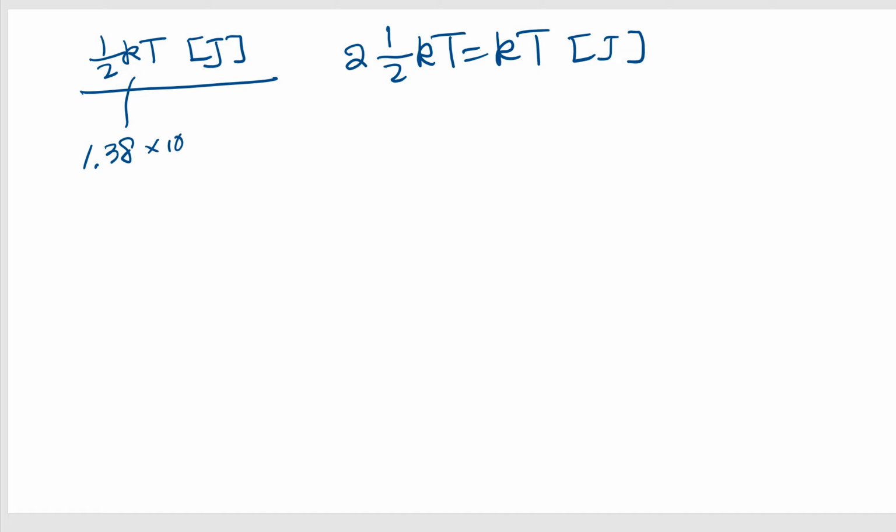So if the system has 2 degrees of freedom, the total energy is kT. The unit is joule. K is the Boltzmann constant, 1.38 times 10 to the minus 23 joule per Kelvin, and T is the absolute temperature in Kelvin, so this is joule.